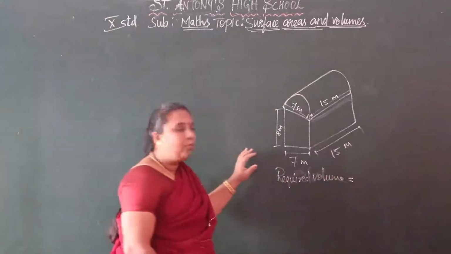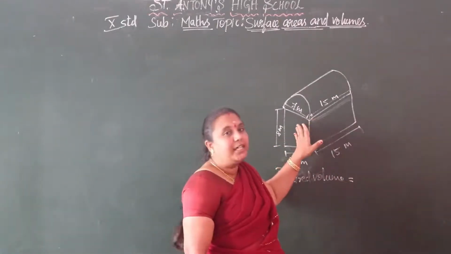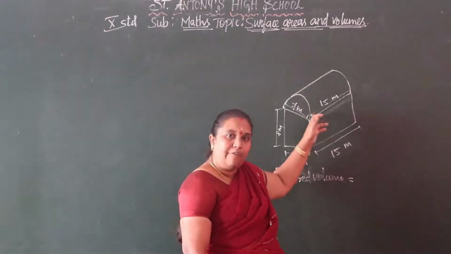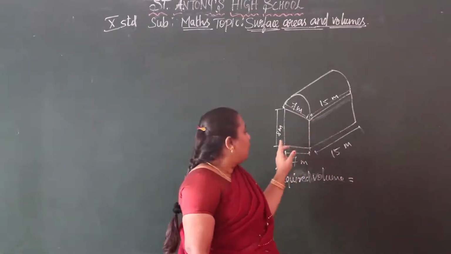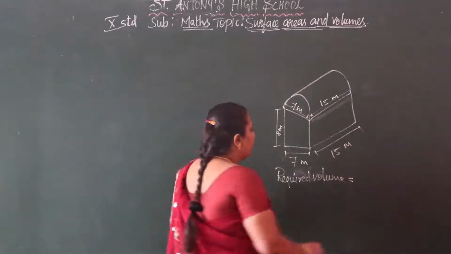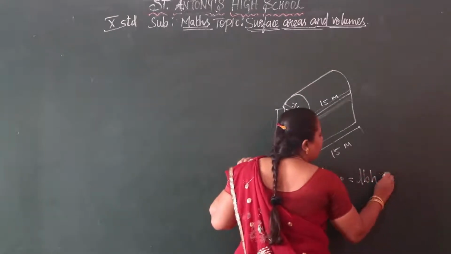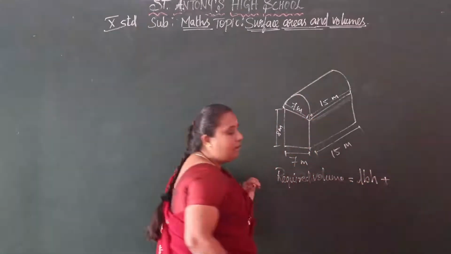Here we want to find the volume of cuboid plus volume of half cylinder. Volume of cuboid is l b h unit cube, plus volume of half cylinder.